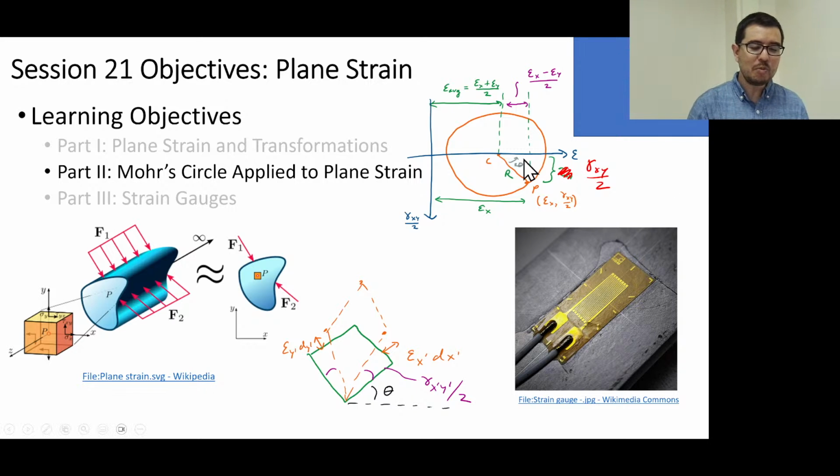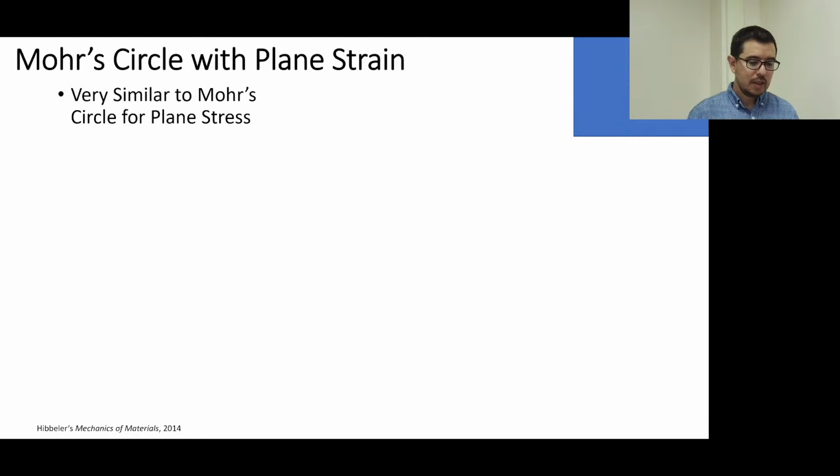I had one of my old Mohr's circles and changed all the values, but not that one. That was a mistake. So really, the only difference is that instead of the tau axis, you have a gamma xy over 2 axis. That's really the only difference. So we just have to be a little bit careful there.